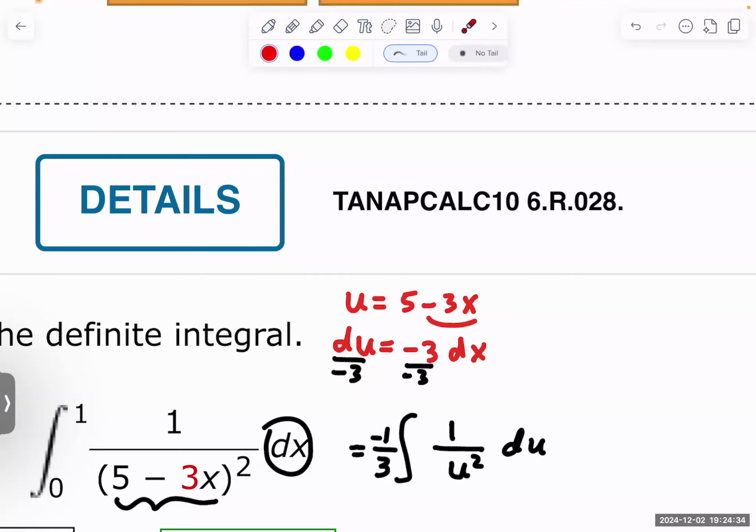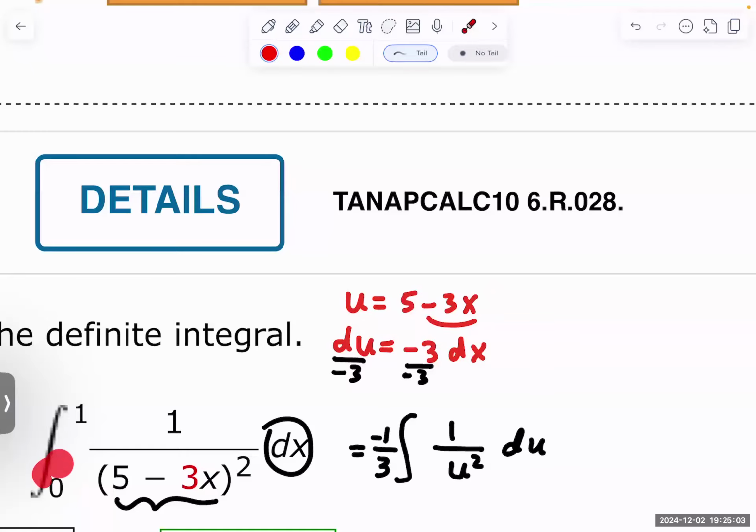You have two ways here. Either you calculate new limits using substituting, like if I substitute 0 here, what do I get? Because there are limits, I can change the limits here so I don't need to substitute back.